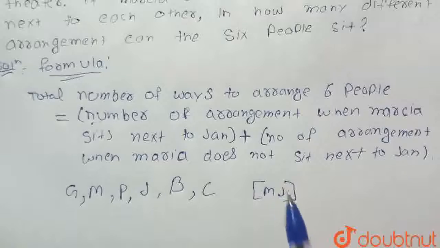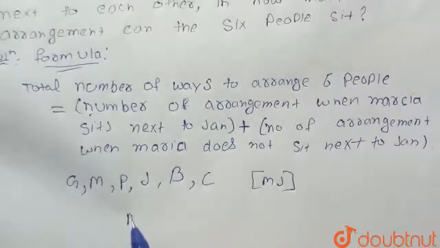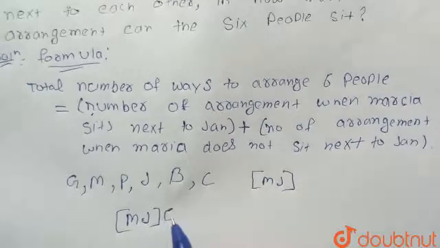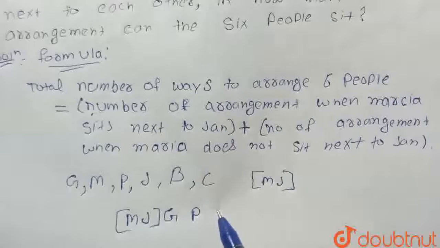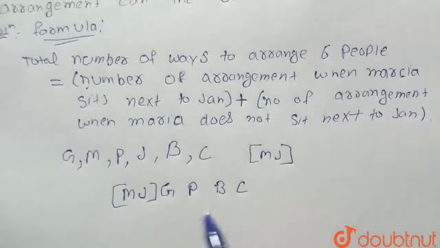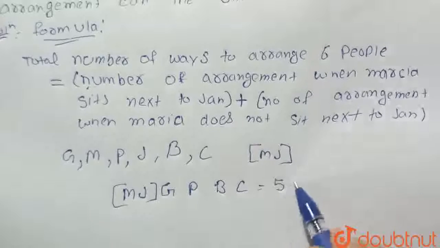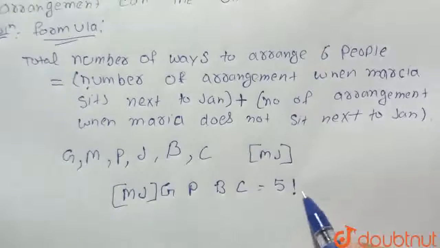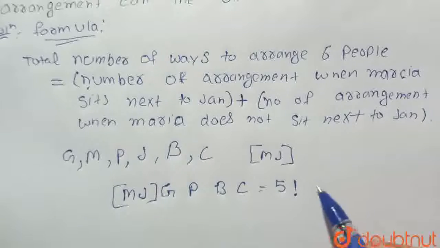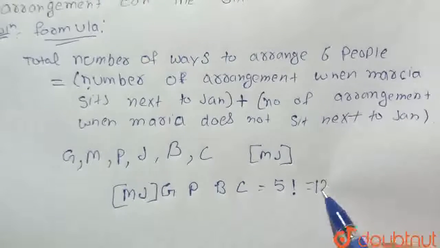For example, one arrangement could be MJ, then GP and BC. So the number of ways to arrange 5 people in a row is 5 factorial, which is equal to 120.